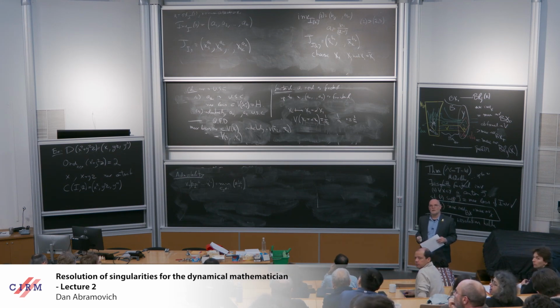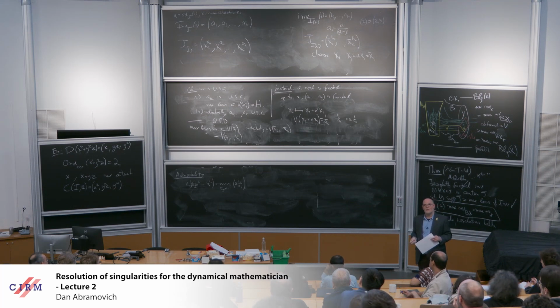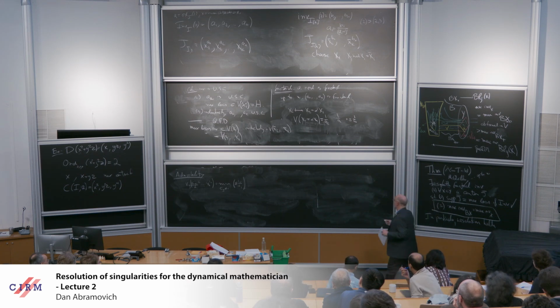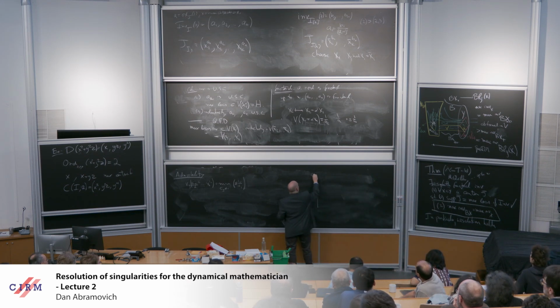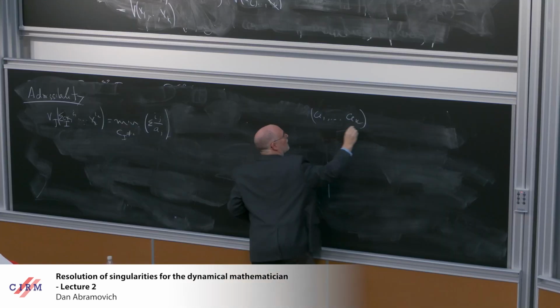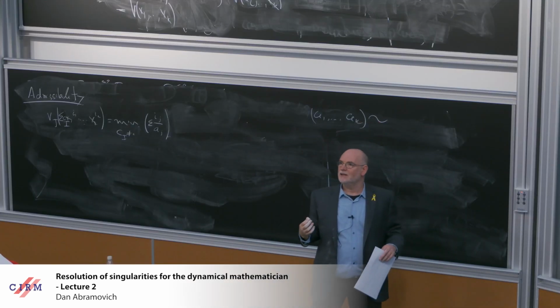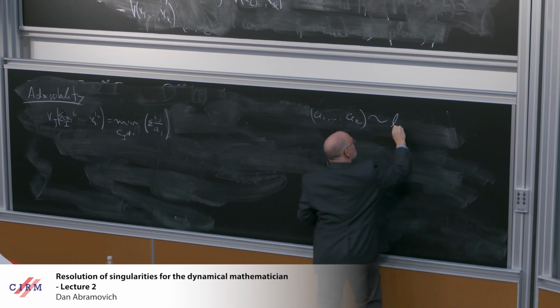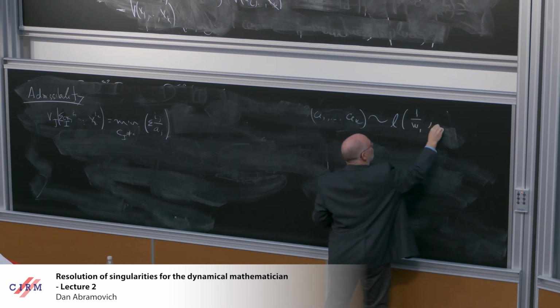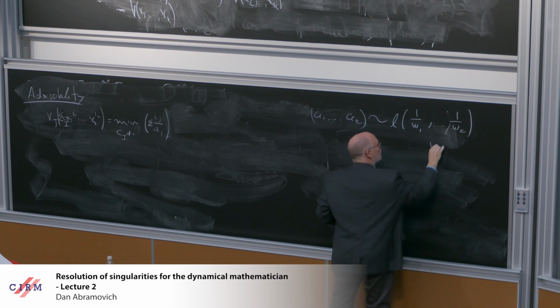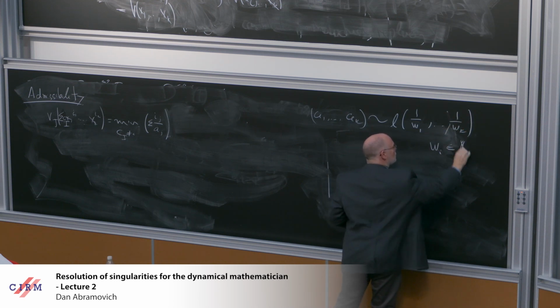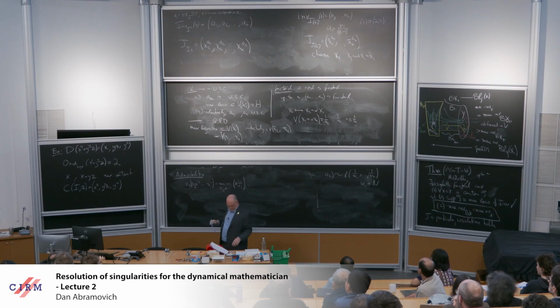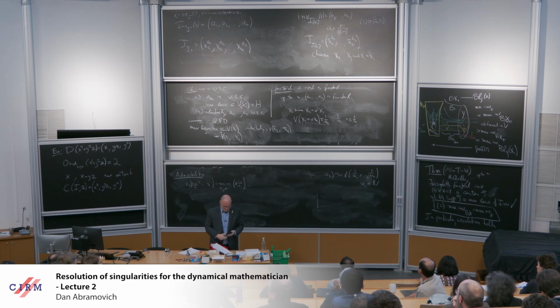There's a question. I was wondering how these weights relate to 1 over ai. So we have this wi. Remember, the way I did this is I took a1 through ak, and I rescaled it to be L times 1 over w1 through 1 over wk, where the wi are integers. So this is the way they are related.